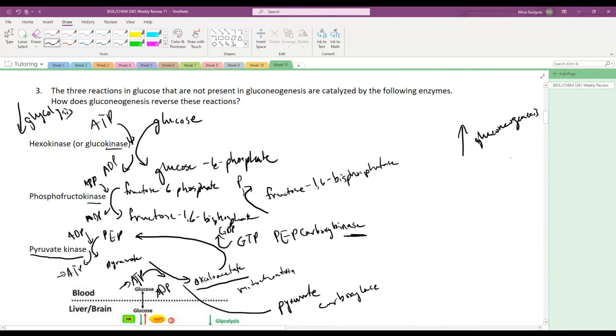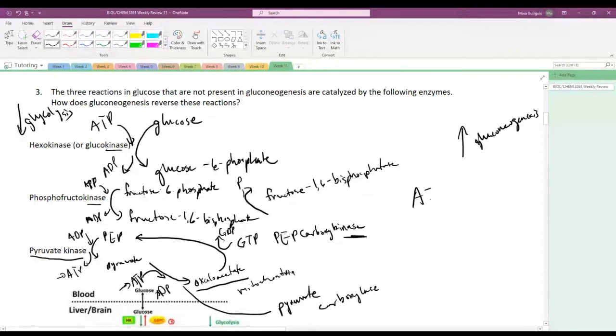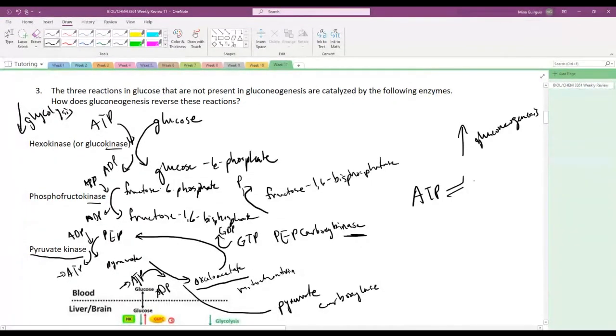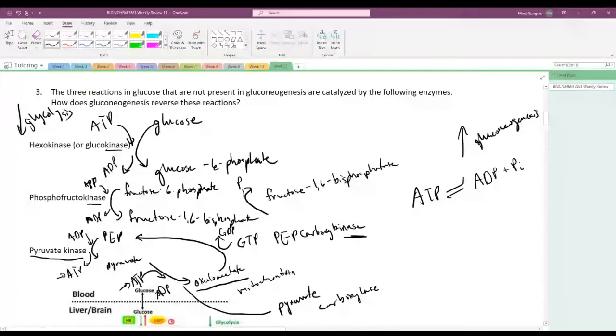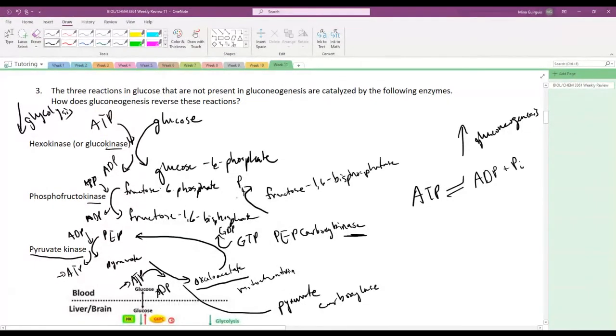Oftentimes, I'm going to be writing over on this right side, we see the idea that when you make ATP, you get ADP plus inorganic phosphate. This inorganic phosphate is just a phosphate group, really. I don't know exactly why it's called inorganic, to tell you guys the truth. It's just what it's always been called.